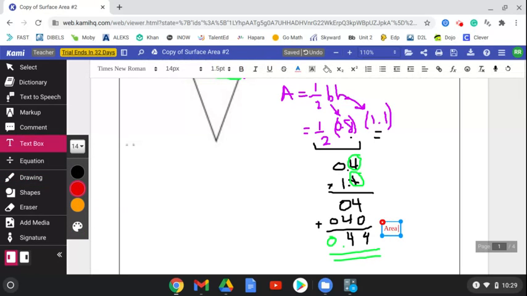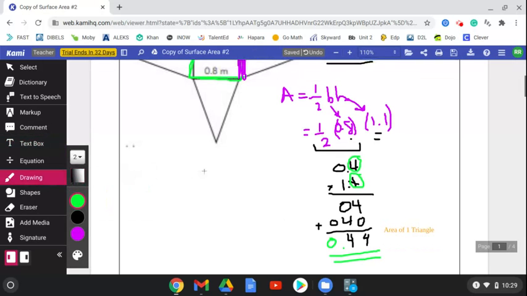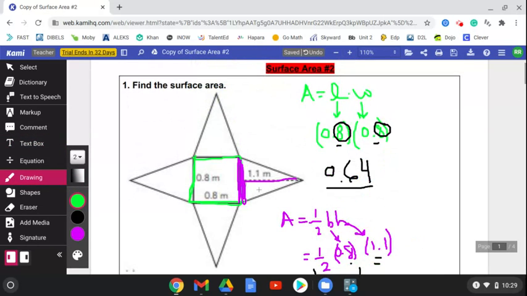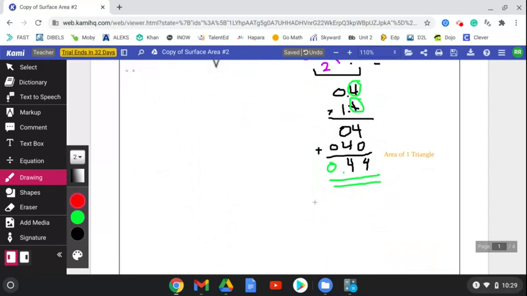Right, I could say area of one triangle. And if I have 4 triangles, right? This one's 0.44, this one's 0.44, this one's 0.44, and this one's 0.44. So I have 4 of them that are 0.44. And so what I need to do here is take 0.44 and multiply it by 4, since I have 4 triangles.